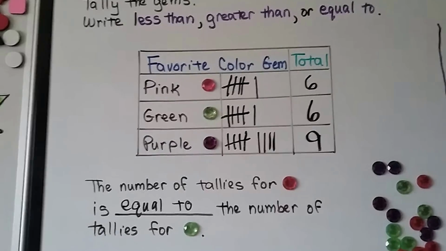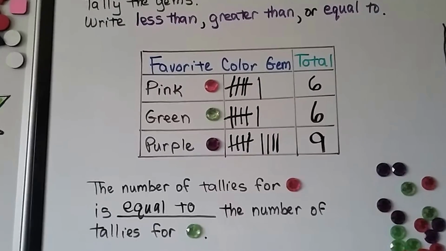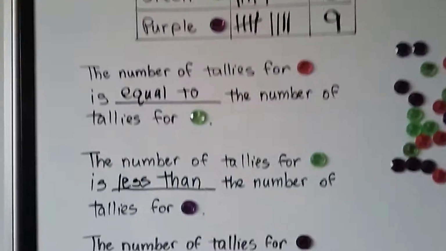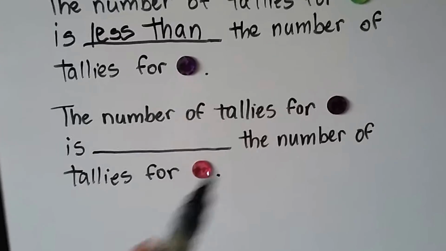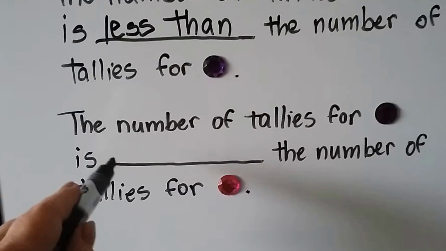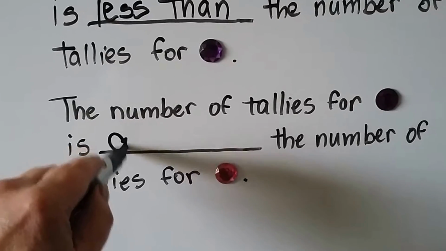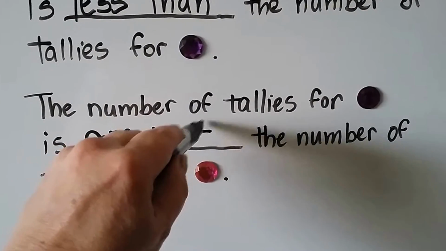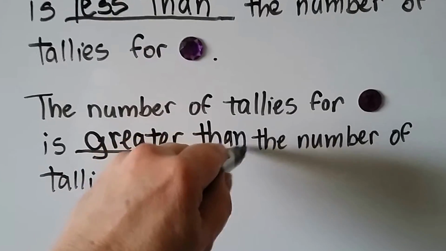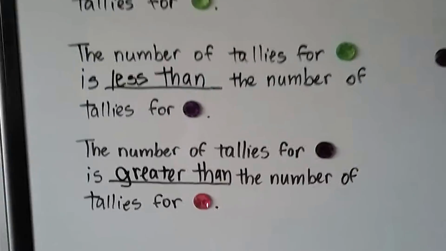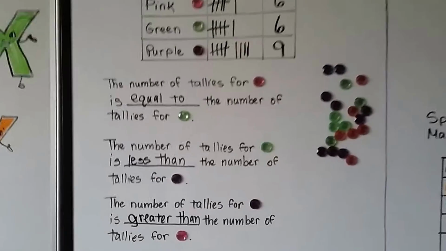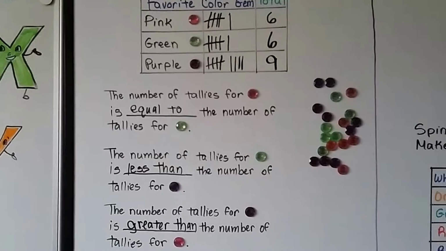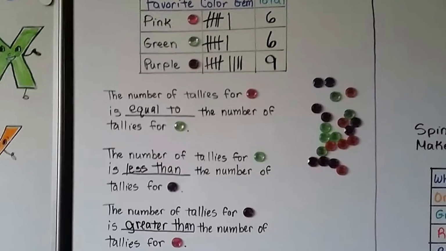We want to know about purple now. 9 is bigger than 6, isn't it? So the 9 is greater than. The number of purple gems is greater than the number of tallies for pink gems. Okay? We were able to compare the different amounts in the different colors. All right?